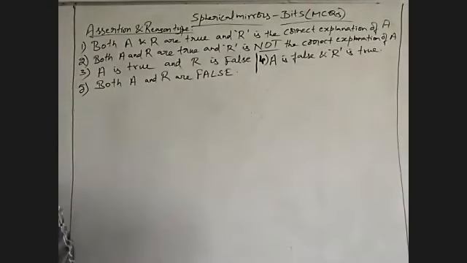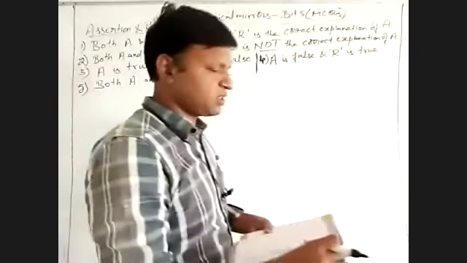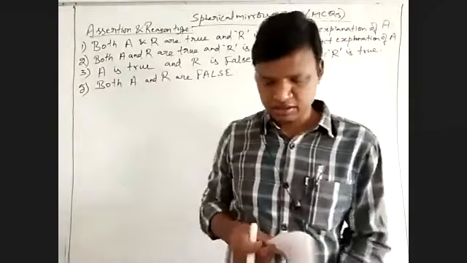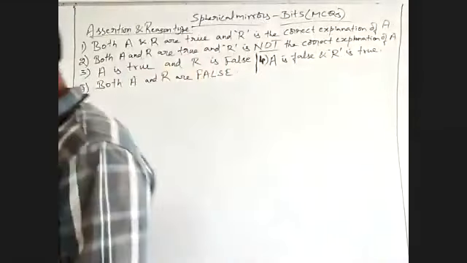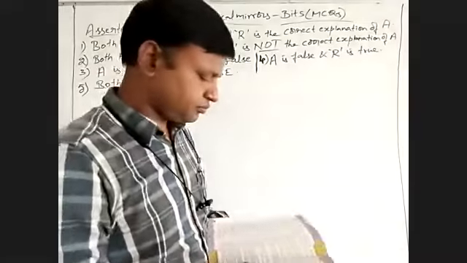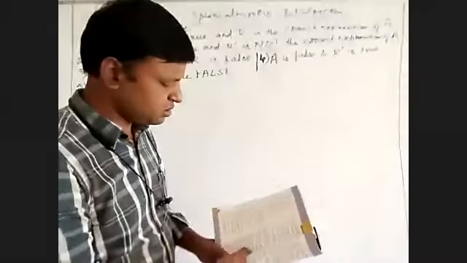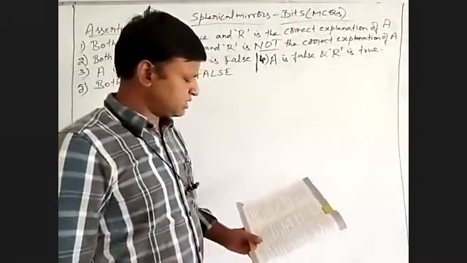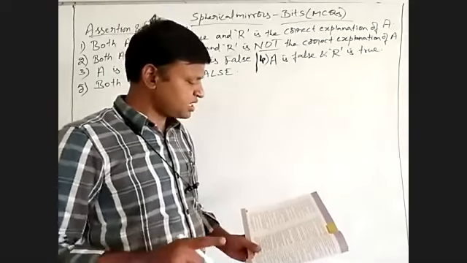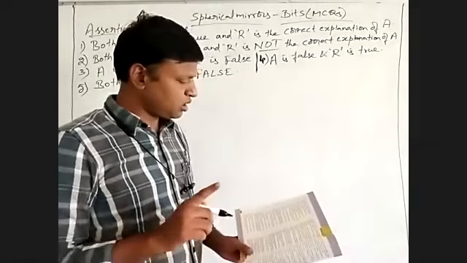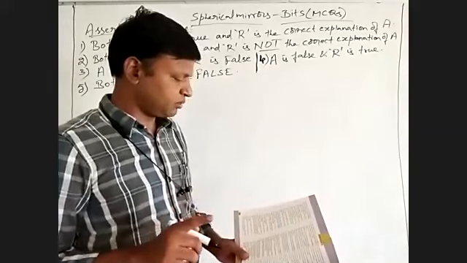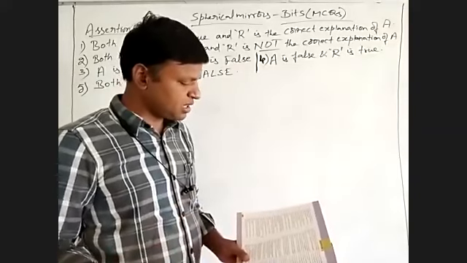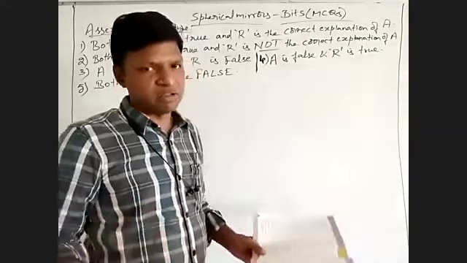Then let us go with the first question. First I'll read out the question, then I'll write it, then we can discuss. Here, the first question is assertion: the mirrors used in the searchlights are parabolic and not concave spherical. Reason: in the concave spherical mirror, the image formed is always virtual.